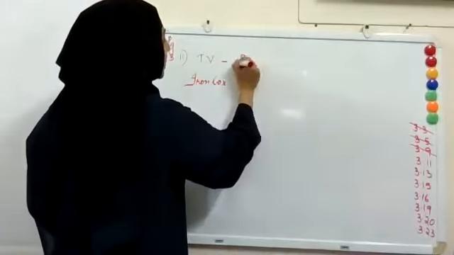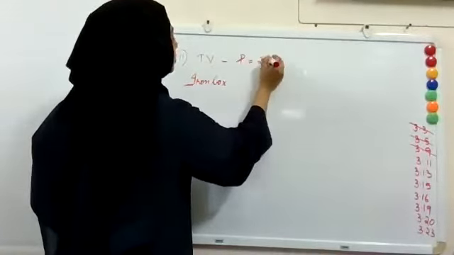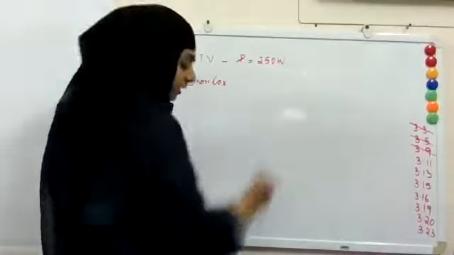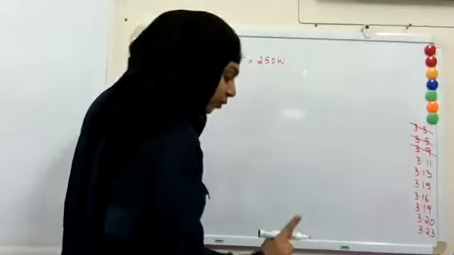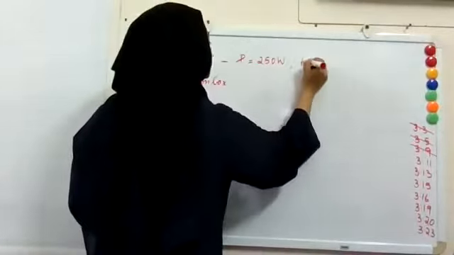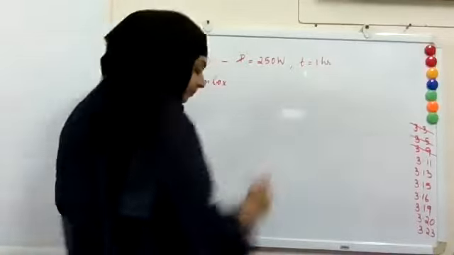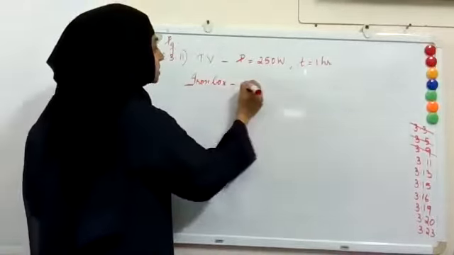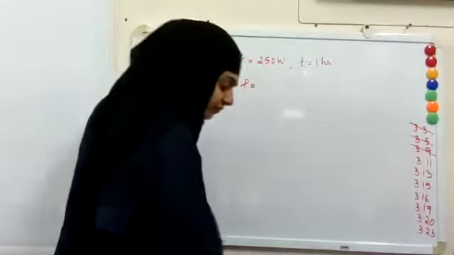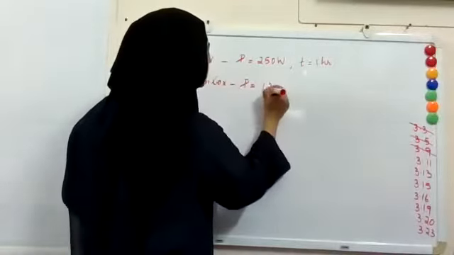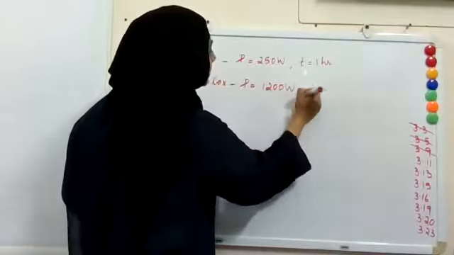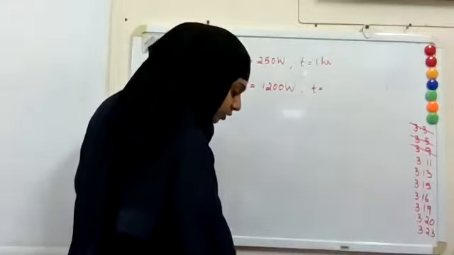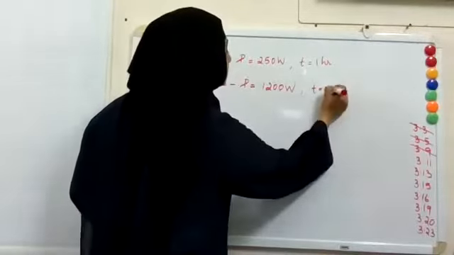So what is that? Power. Power is equal to 250 watt and is used for 1 hour. So time is equal to 1 hour. And the iron box has a power of 1200 watts and time is equal to 10 minutes.